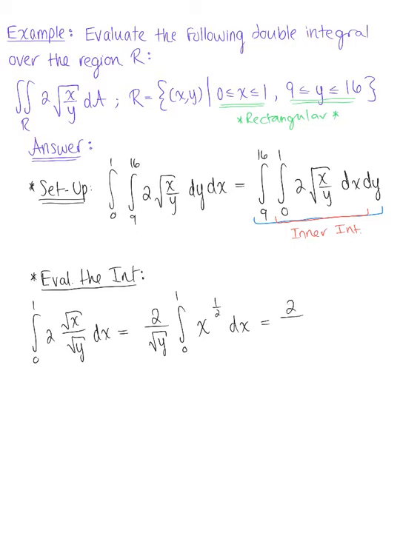And so we integrate this. We have 2 by the square root of y multiplied by x raised to the 3/2 divided by 3/2, or multiplied by the reciprocal, 2/3. And we're ready to evaluate from 0 to 1.